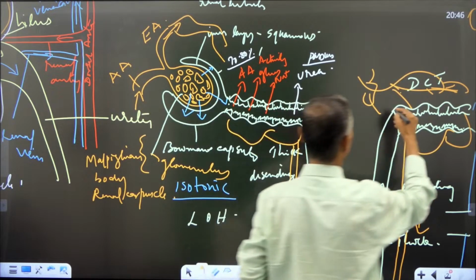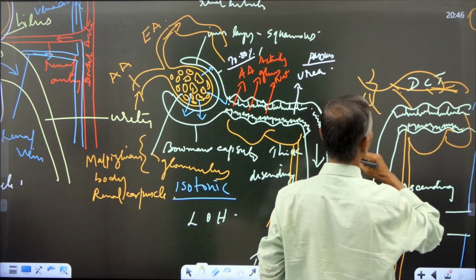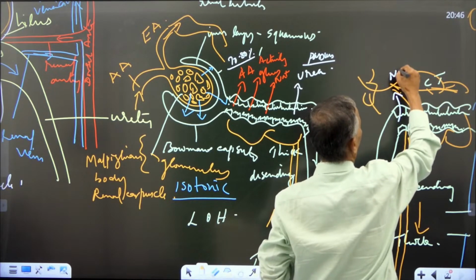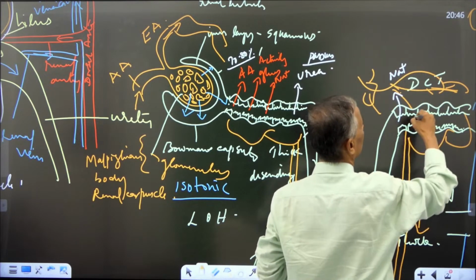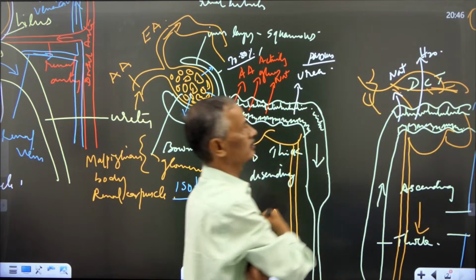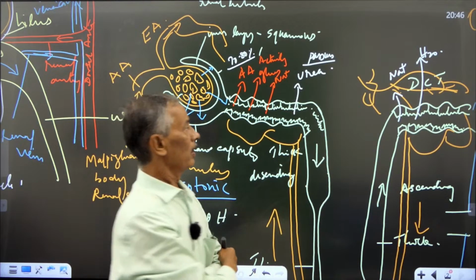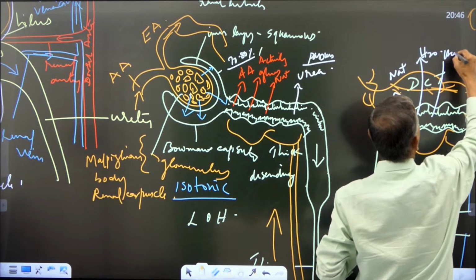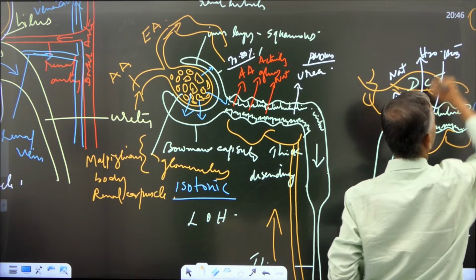Similarly, as this urine passes through the DCT, large amounts of ions like sodium, then water, and bicarbonates are absorbed.